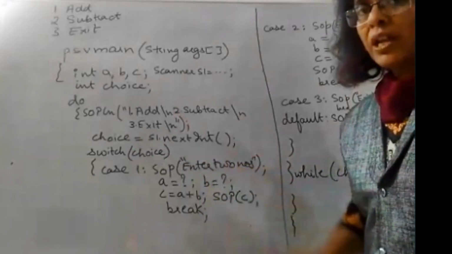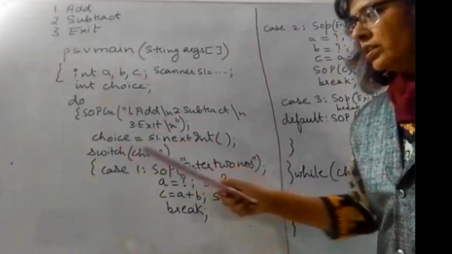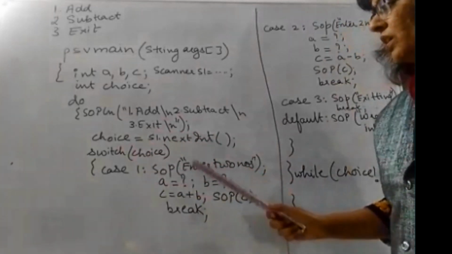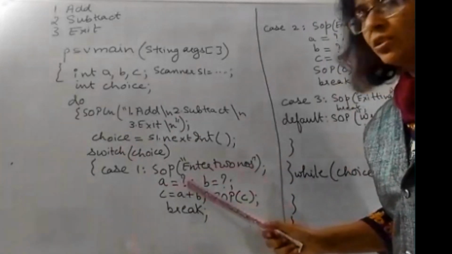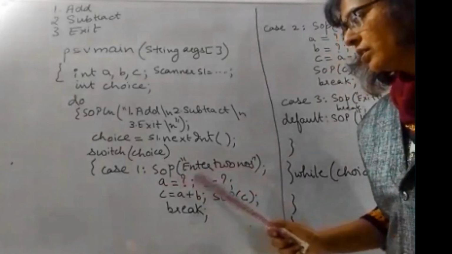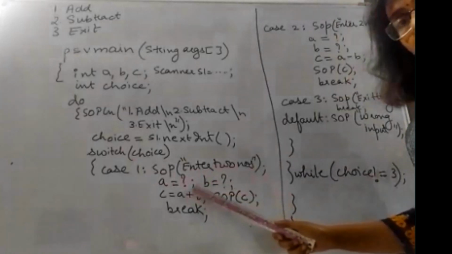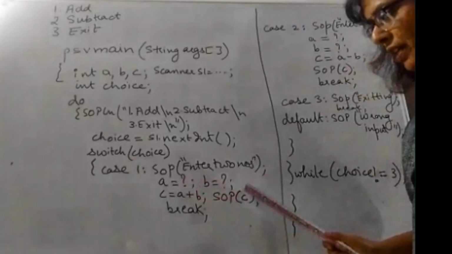Supposing he puts in 1. So choice is equal to 1. Yes, this is correct. So in this case, it will be accepting the two numbers, a equal to s1.nextInt, b is equal to s1.nextInt. So a plus b will be performed, and the result will be displayed.